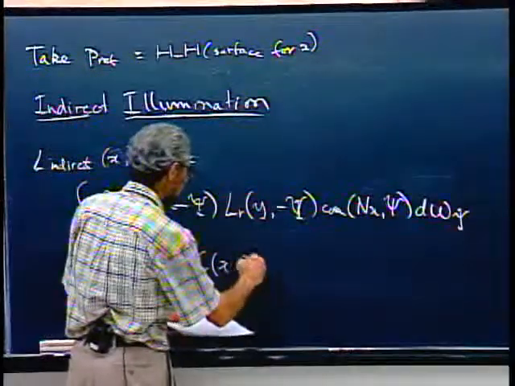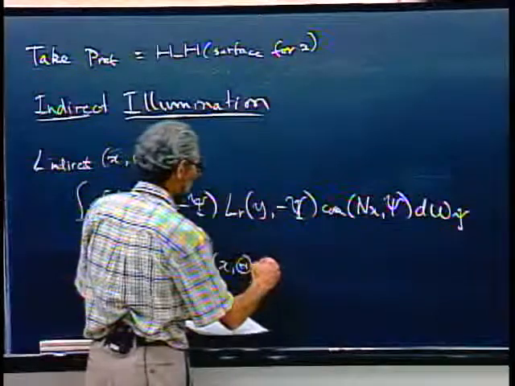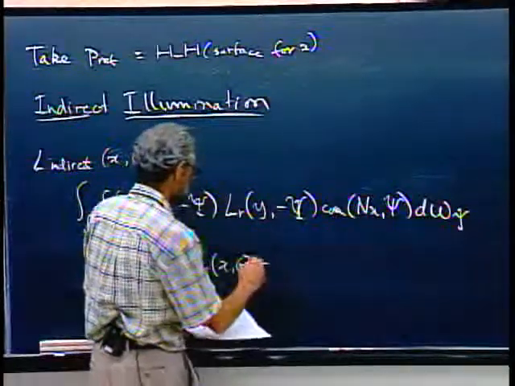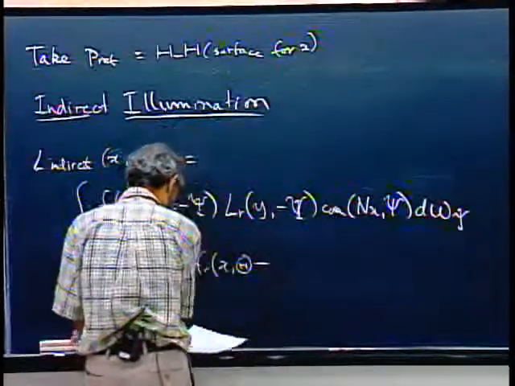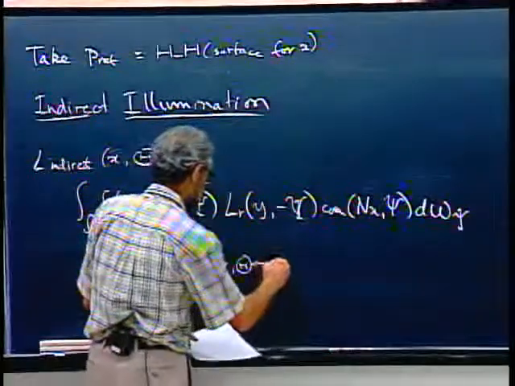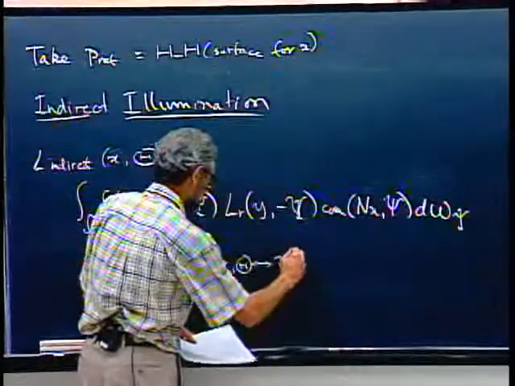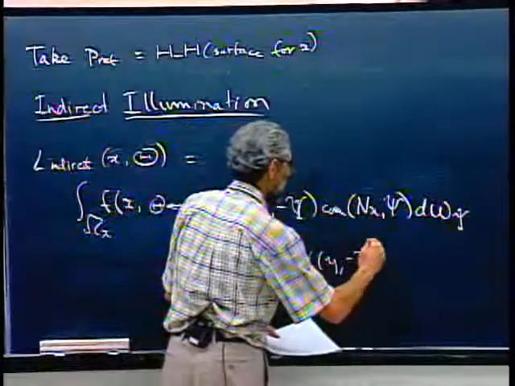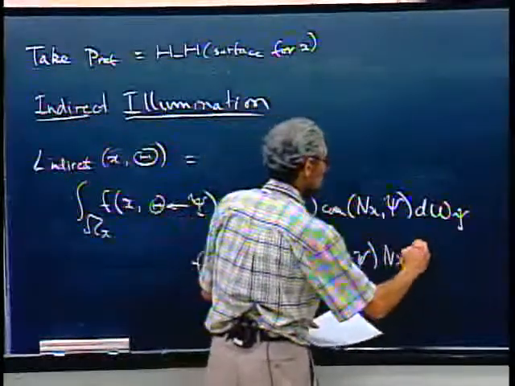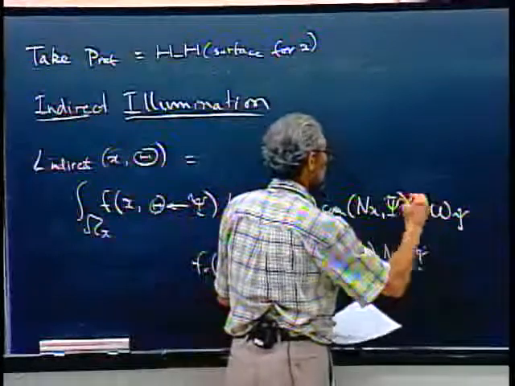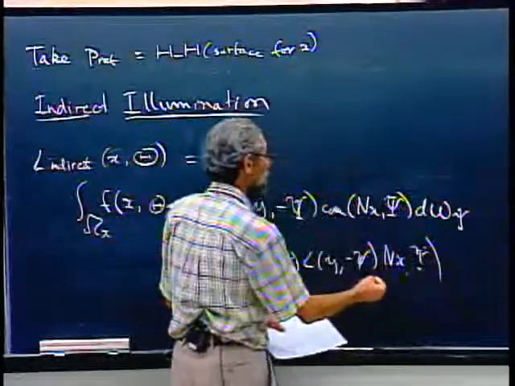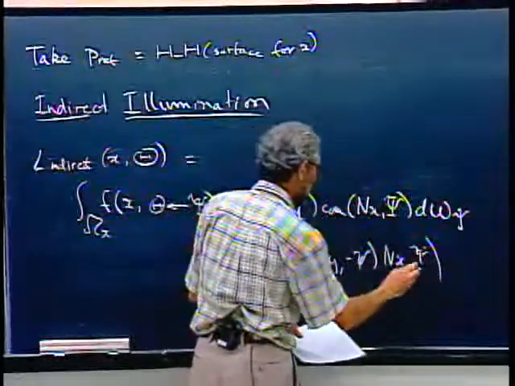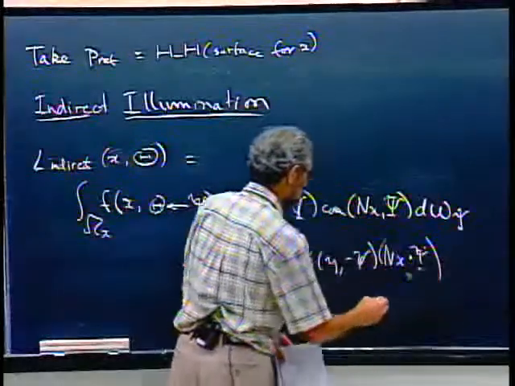We're going to pick a random psi and estimate L of y in direction minus psi, times nx psi, the function we're trying to integrate. Well, let me put a dot here because I didn't leave room for the cosine.